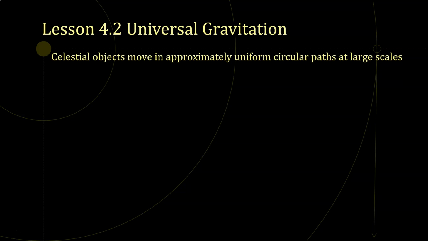And when I say approximately, I mean we can approximate them as being uniformly circular, even though most of them are affected by other forces other than just the gravitation from the central star or the central planet or whatever the central large object is. And as a result, they don't move in perfect circles. There's a little bit of oscillation, and most celestial objects actually move in ellipses.